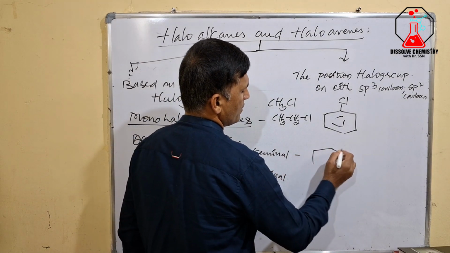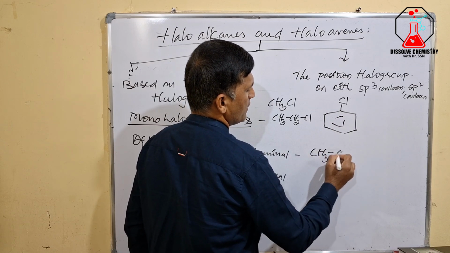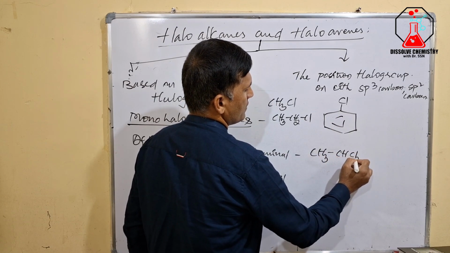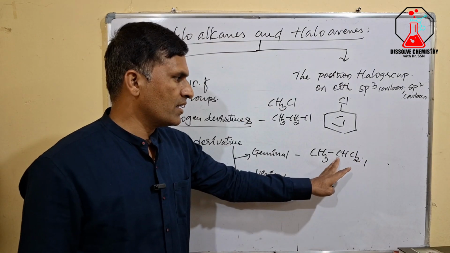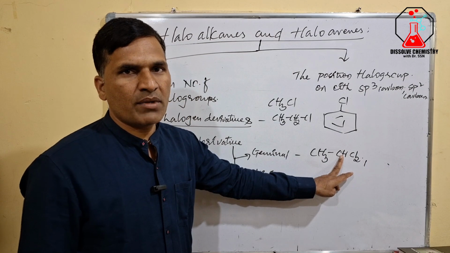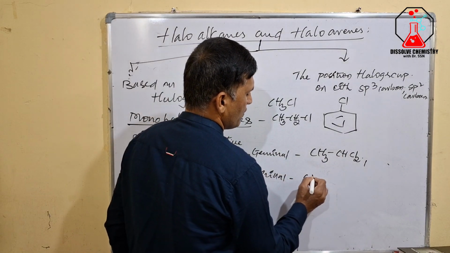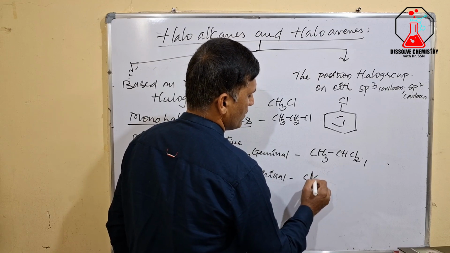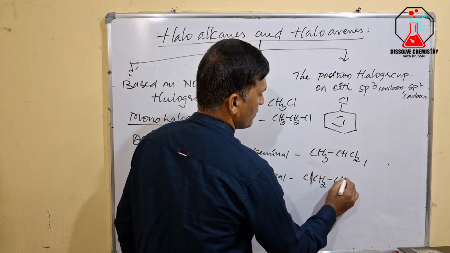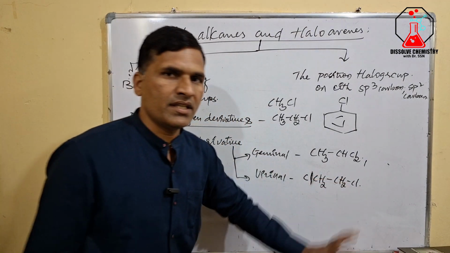Geminal dihalide means both the halo groups, for example CH3CHCl2, 1,1-dichloroethane, are on the same carbon atom. Vicinal dihalides means the halo groups are present on two neighboring carbon atoms. 1,2-dichloroethane is an example.